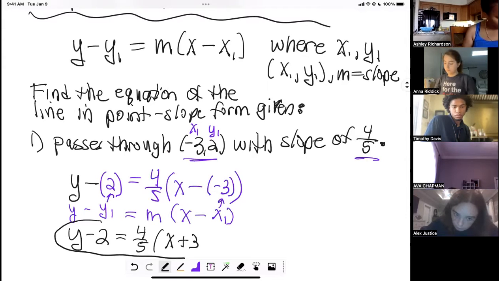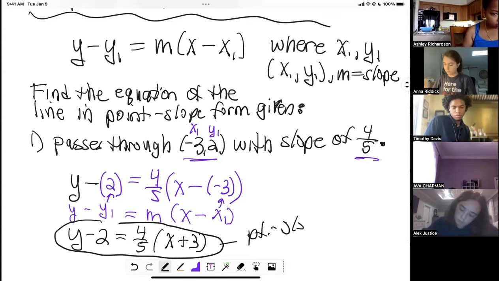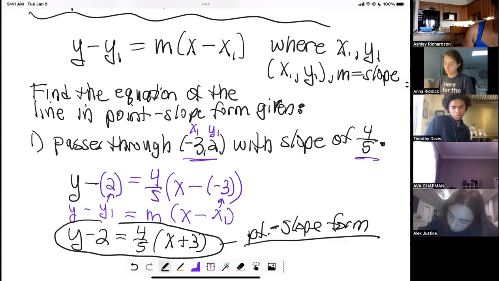And that's all I have to do. That is the final answer for point-slope form. All you need is a point and a slope to write it. That's it. Point-slope form. Plug it right in.